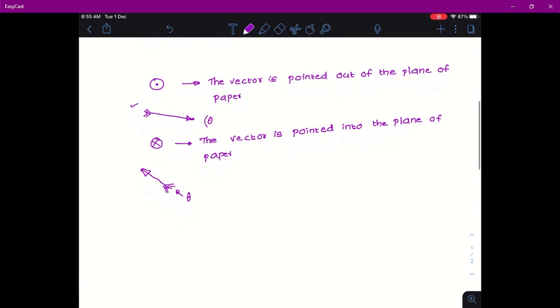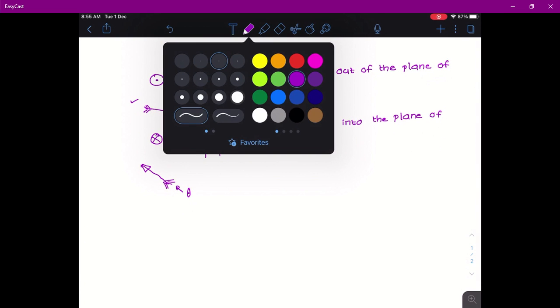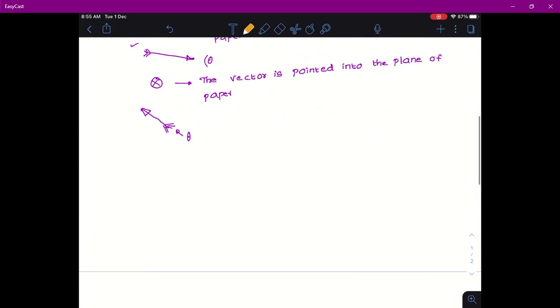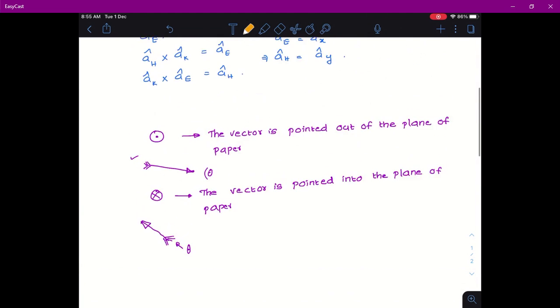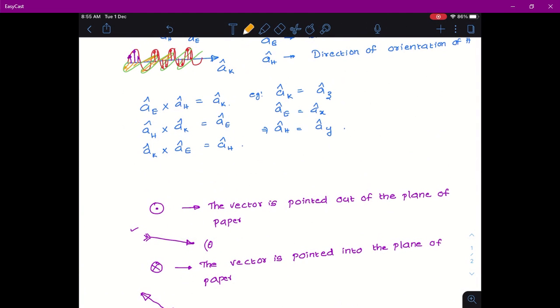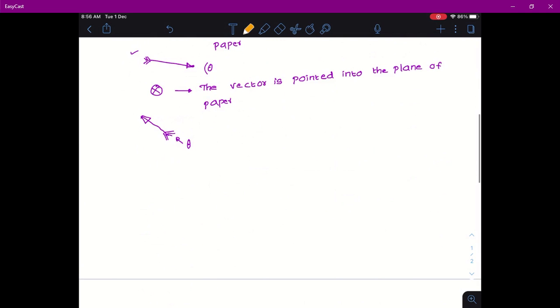Okay, and the next thing is, how will you find the direction of the cross product output? So what you do is, let's say this is a_k, and this is a_E, assume.